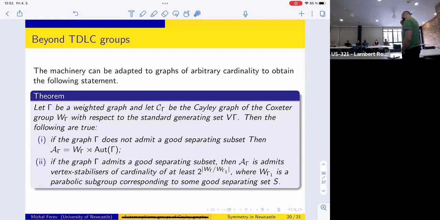Oh, okay, now I see what you mean. Because we could have, say, if these were countable, then design the graph so that the action of this thing has finite orbits. Is that what you're saying?